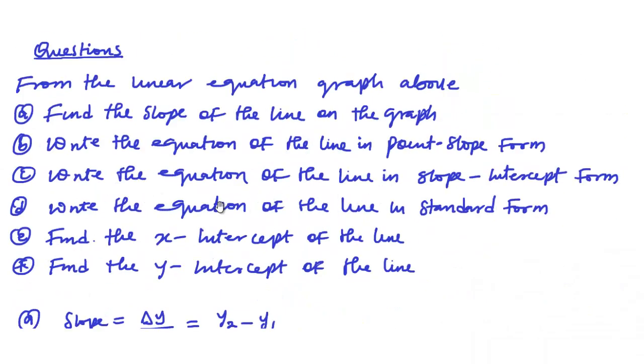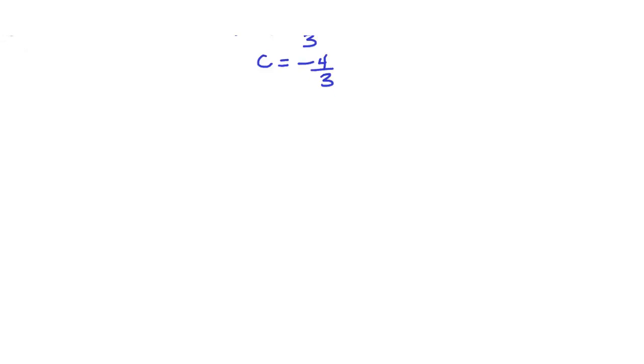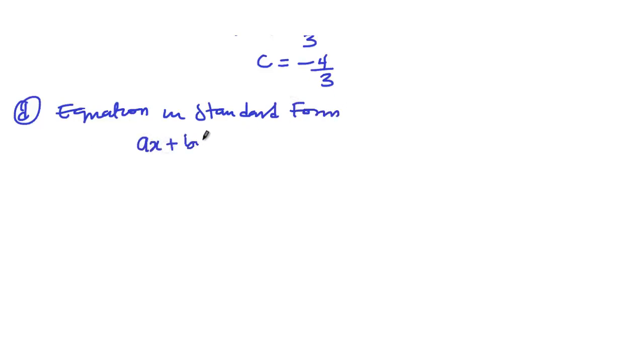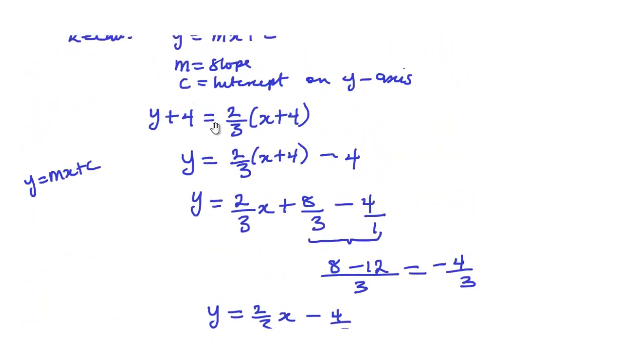Then the C, D. Write the equation of the line in standard form. Like I said, it is still the same thing. So what is the equation of a line in standard form? Standard form. That is AX plus BY is equal to C. So all we just need to do is rewrite this in that form.